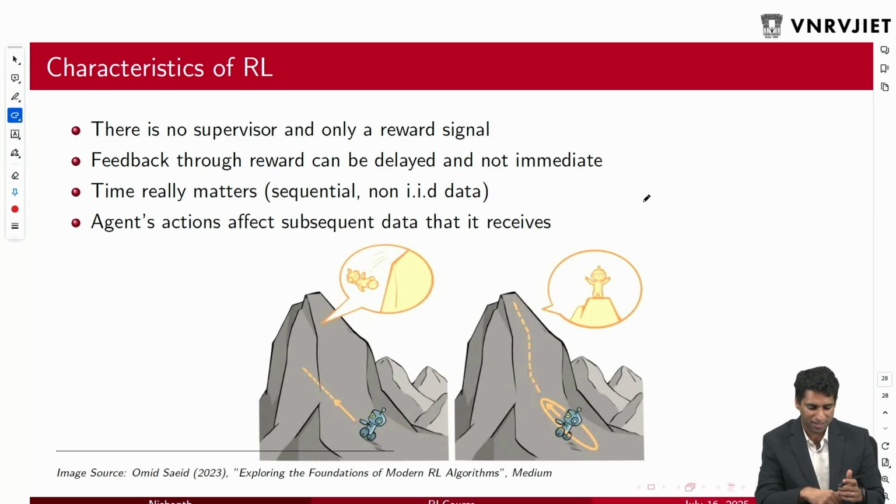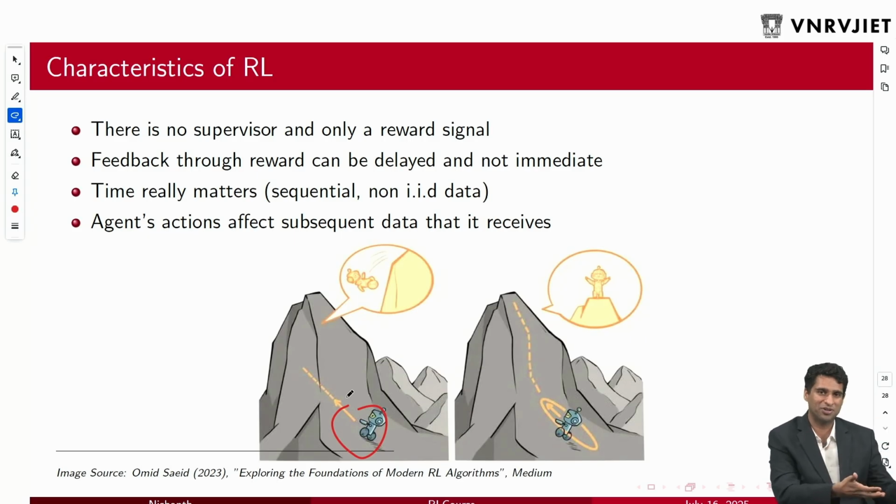For example, if we take this scenario where a robot is trying to climb a hill. In this particular state, if the robot chooses to go extreme left, it can lose its balance and actually fall off the mountain.